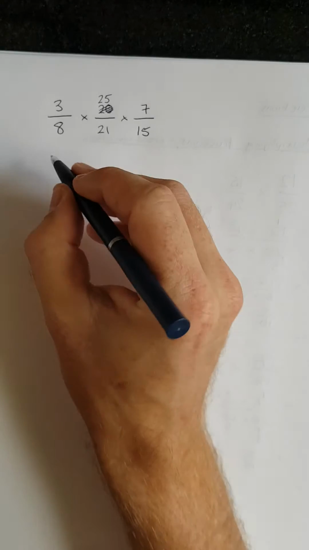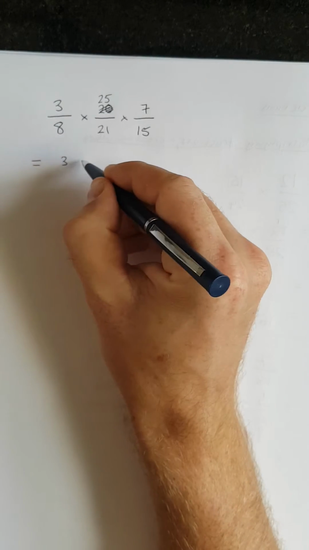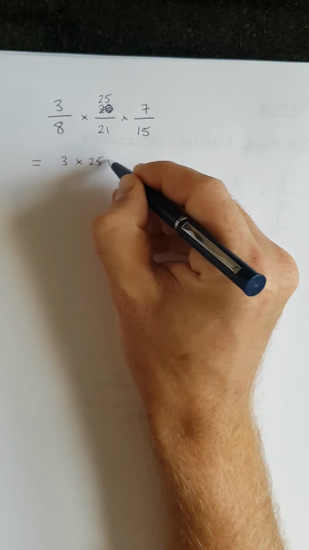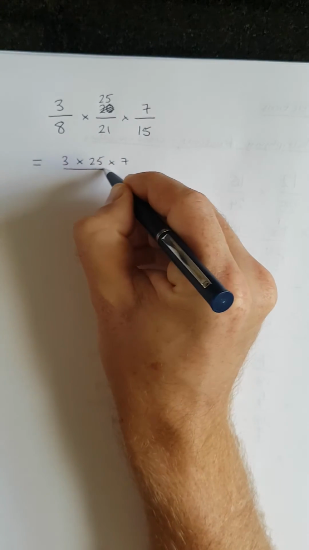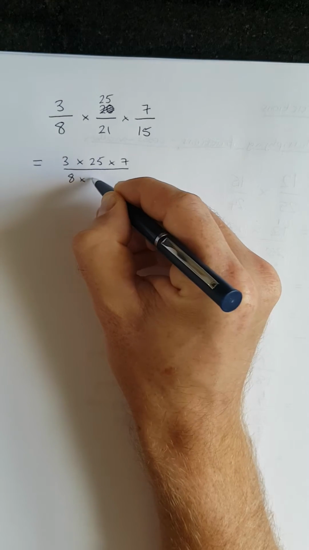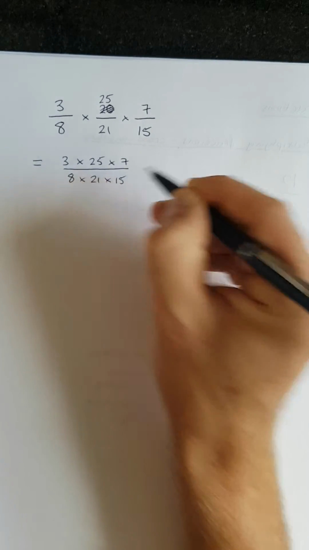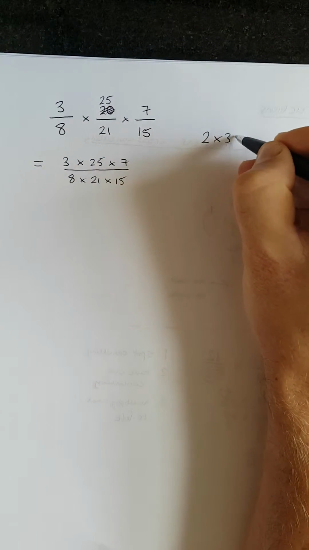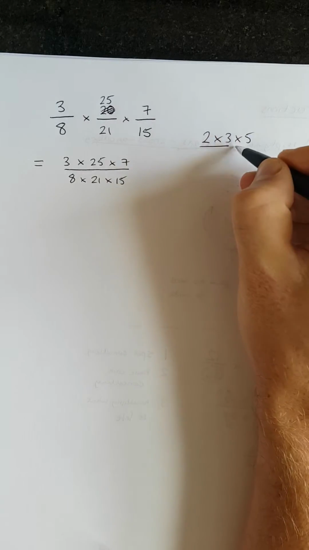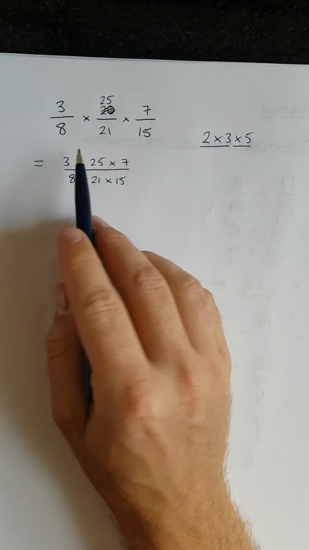Okay, so here we've got 3 fractions multiplied. So how does it work? Well, we know that our rule will multiply the first two and then the second one, because if you had 2 times 3 times 5, you would do that, then times it by that.